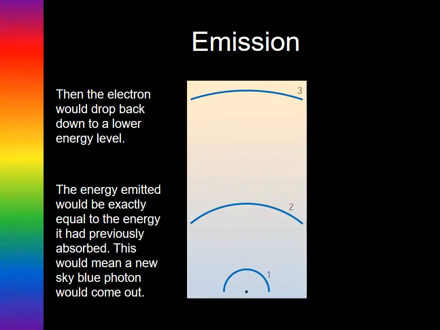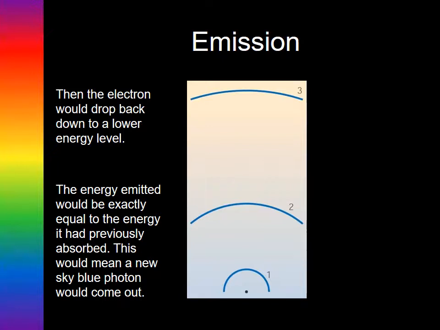So, the atom could just emit the energy and drop back down to a lower energy level. Well, how much energy would it emit? Remember, when looking at this diagram, these energy jumps don't move. The ground level, the second energy level, and the third energy level all stay in the same place, which means it's the same amount of energy to jump up as it is to jump down. There's the same distance between the rungs of the ladder whether you're going up or down.